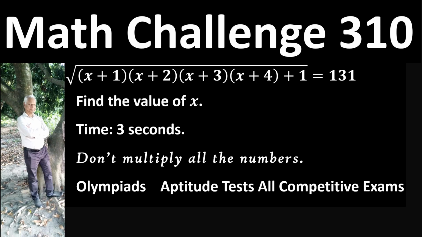The time limit is 3 seconds. Actually, the time limit should be only 1 second, but anyhow, the time limit is 3 seconds. So don't multiply all the numbers. You have got a very short way, a short trick. If you know one short trick, you can instantly solve it. So let us see how to solve this problem and how to find the value of x.